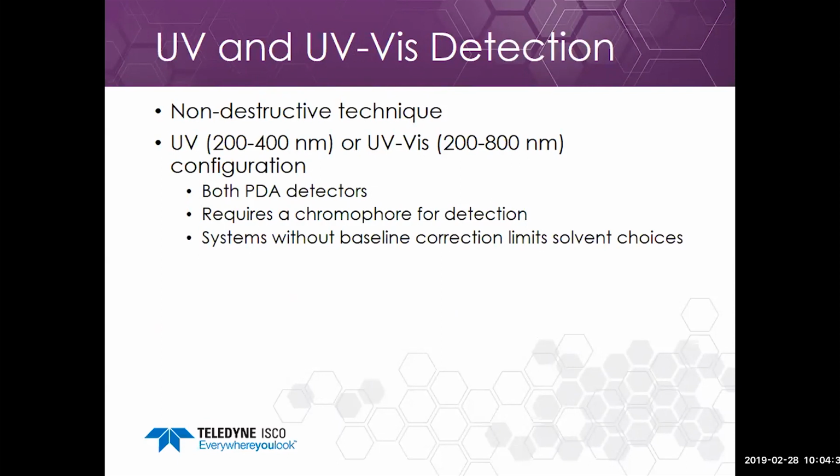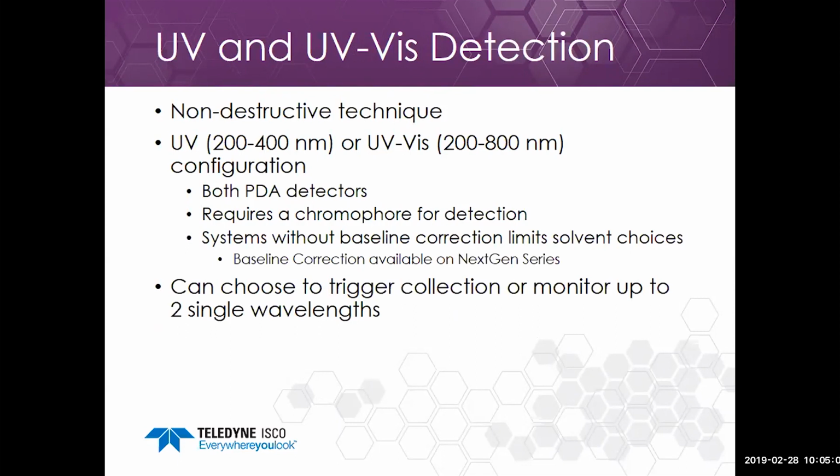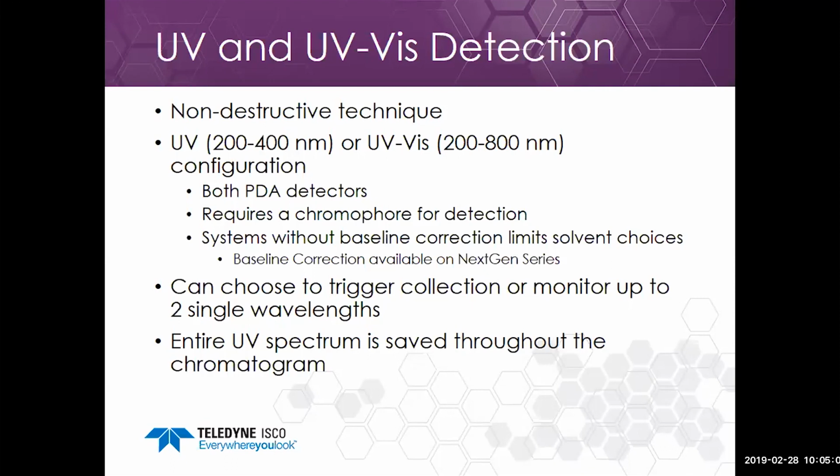If you have a solvent that is also absorbing, then you get competition between that and your compounds, and it can overwhelm your compound chromophore, so you're not able to see it with the solvent background. Our NextGen series does offer a baseline correction feature that allows you to use UV absorbing solvents. You can choose to trigger collection or monitor up to 2 wavelengths, and the entire UV spectrum is saved throughout the chromatogram, so you can go and look at the UV spectrum and see maybe if there's a better peak, and we'll discuss that a little bit later.